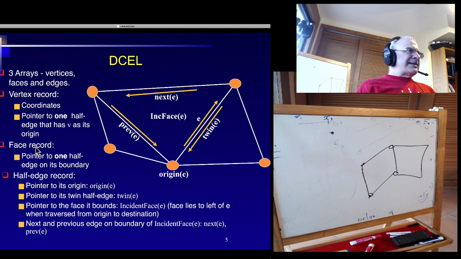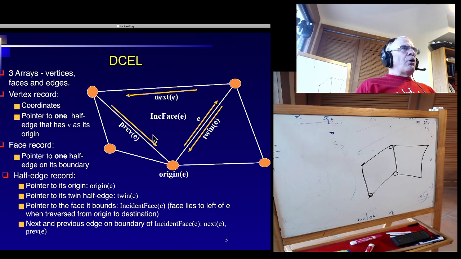What does a face record? It needs a pointer to one of the half-edges on its boundary. Every face, I'll think about it as a sequence of half-edges, and the face needs to know about one of its half-edges.